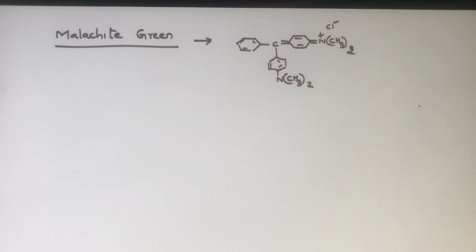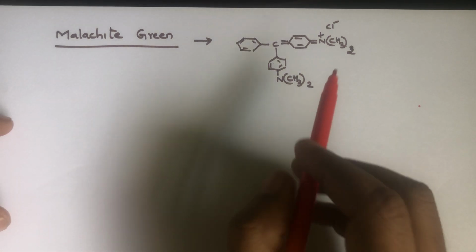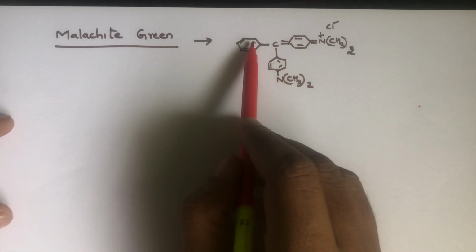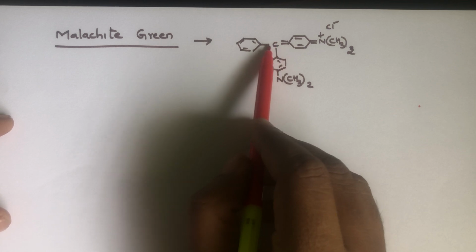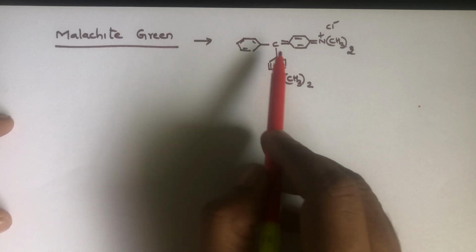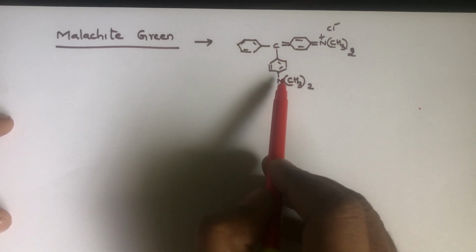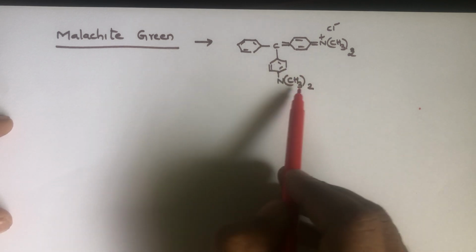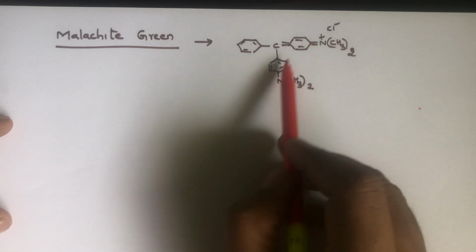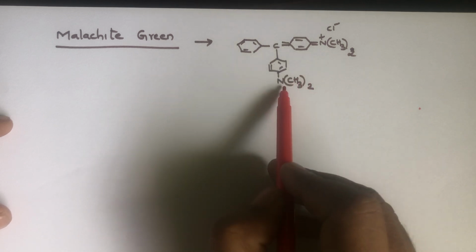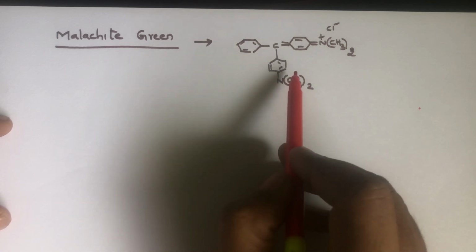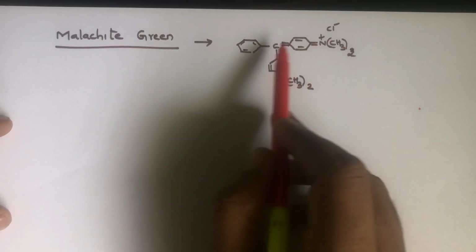It can be prepared by condensation of three molecules. One is a benzene with a carbon, that is, you can take an aldehyde for this, and benzene with dimethylamine groups, two molecules of that, that means two N,N-dimethylaniline.